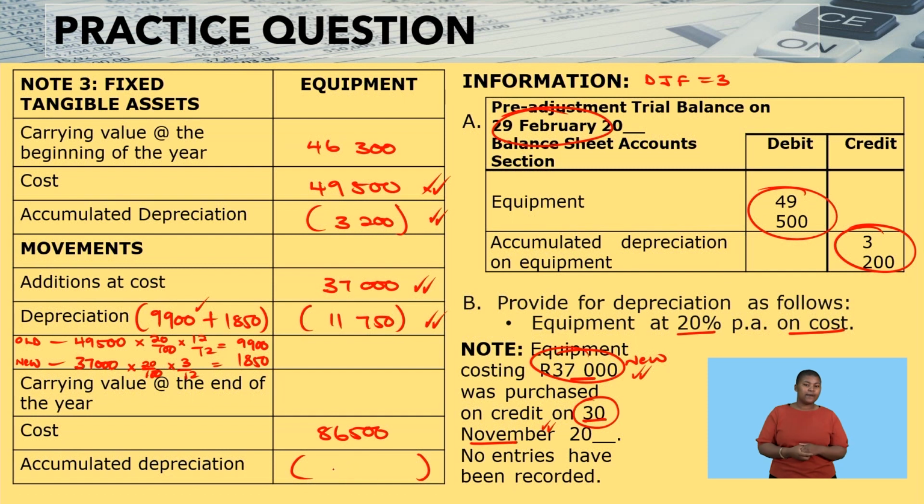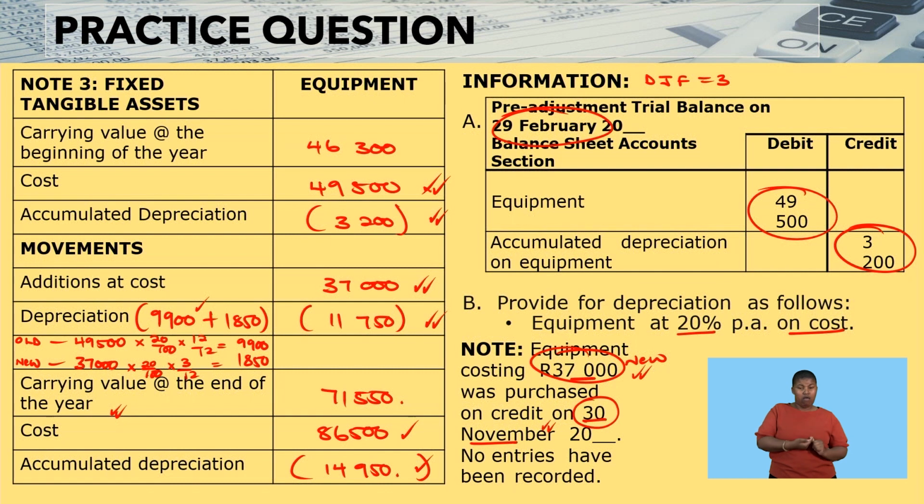Then you end off with 14,950. Your carrying value, remember, you then say 86.5 minus 14,950. That gives you 71,550. That becomes your carrying value at the end of the year.